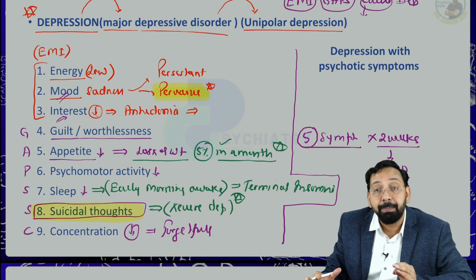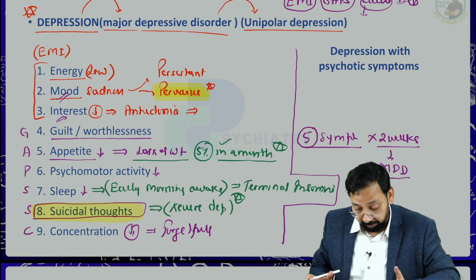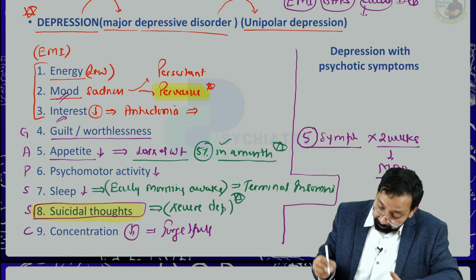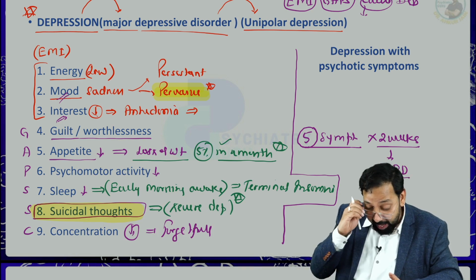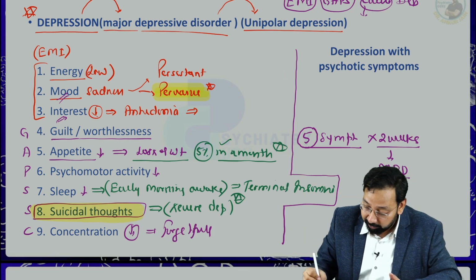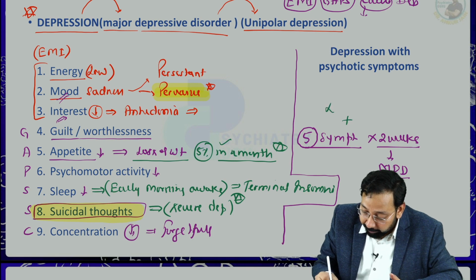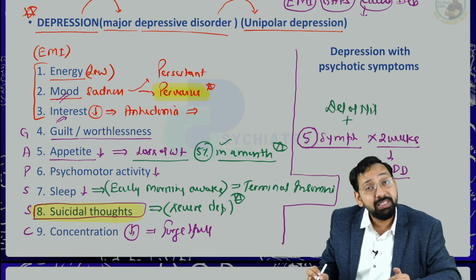And we found sometimes these patients may have psychotic symptoms, just like delusion. Suppose this patient is having five symptoms out of these for 2 weeks, and the patient is also having delusion of nihilism. Let us suppose, or simply delusion. Delusion is a psychotic symptom.